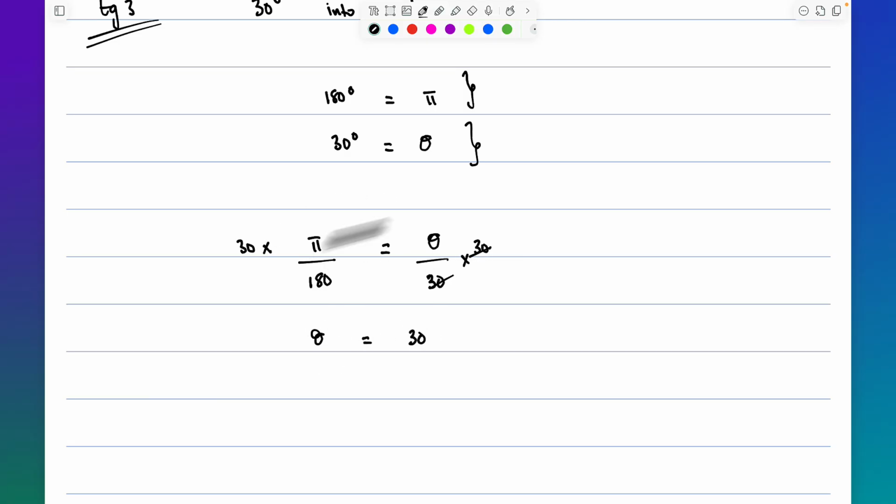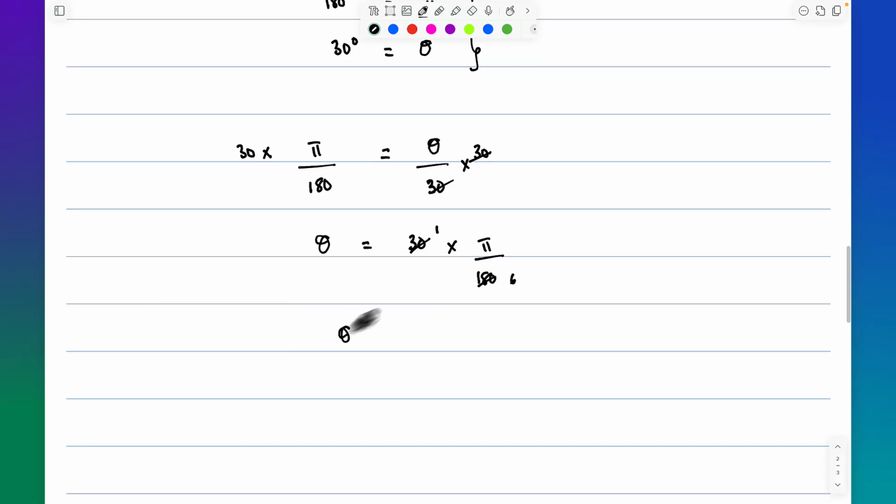I'm just switching these, by the way, because I always like my unknown value to be on the left-hand side. So hopefully that's not too confusing. So theta is equal to 30 multiplied by pi over 180. 30 goes into itself once, 30 goes into 180 6 times. So your answer for theta is pi over 6.